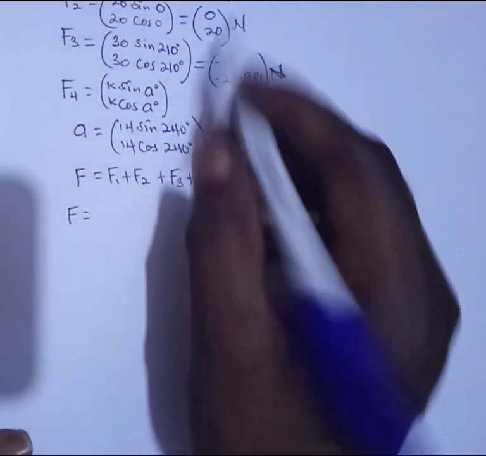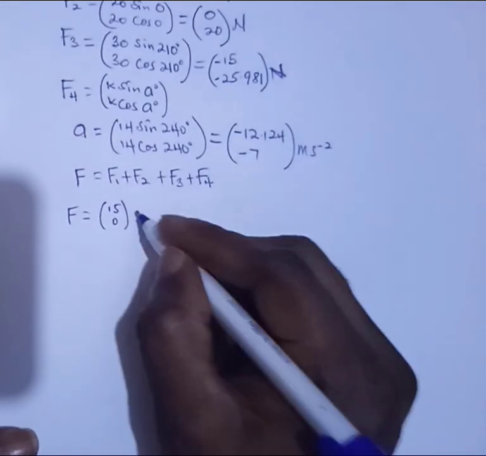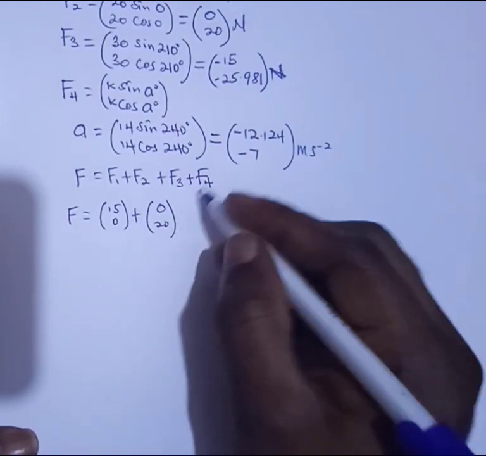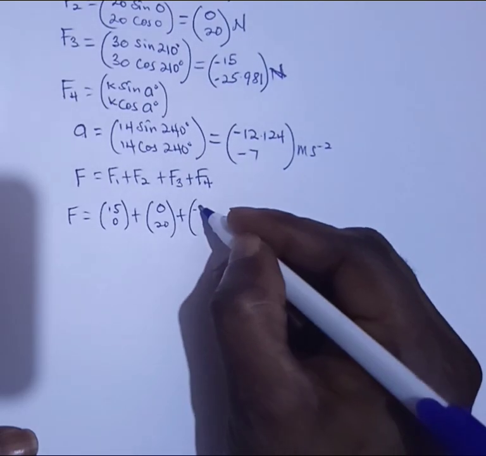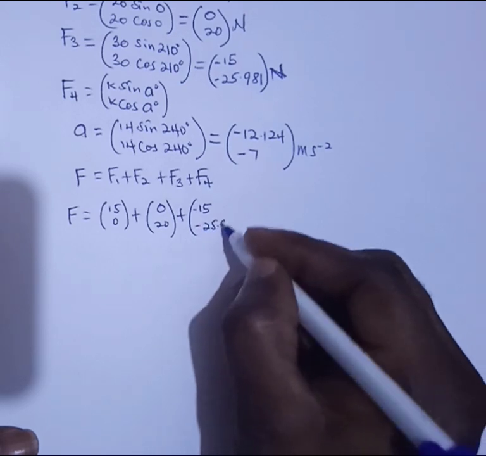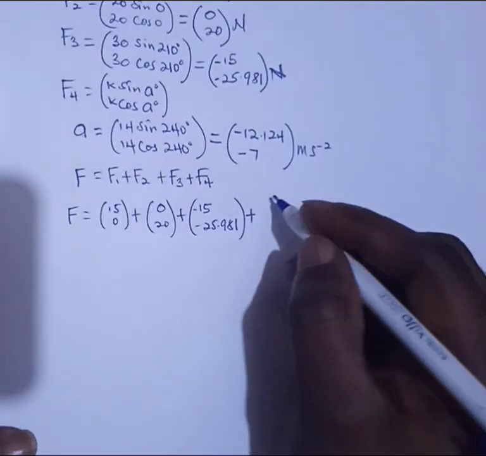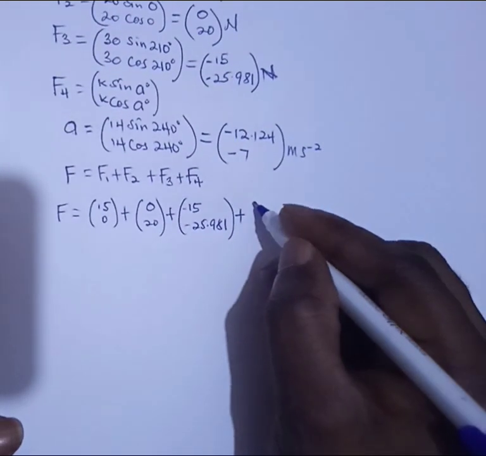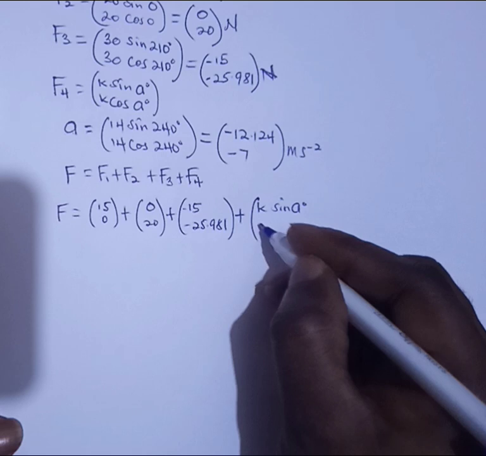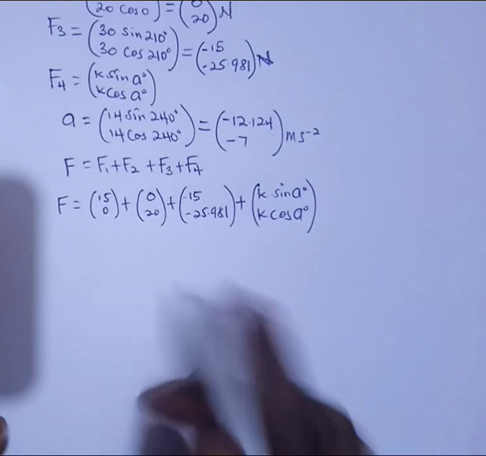So the resultant force is equal to, the first force, we resolved it and got 15 and 0 here, plus then F2 we got 0, 20, F3 we got negative 15 and negative 25.981. For F4 we had k sine A degrees and k cos A degrees. Good. So let's add this.